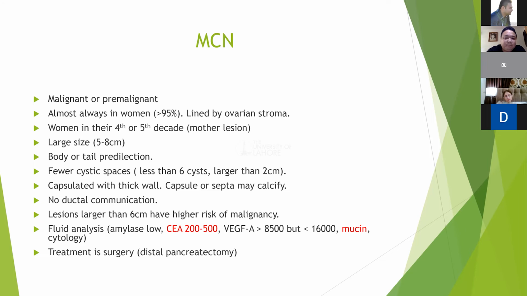No ductal communication is present. Biopsy is not helpful for confirming or excluding malignancy, but aspiration of cyst fluid and sending that fluid for tumor markers is valuable in confirming the diagnosis of MCN. Fluid analysis will show high tumor marker CEA and will show mucin content.